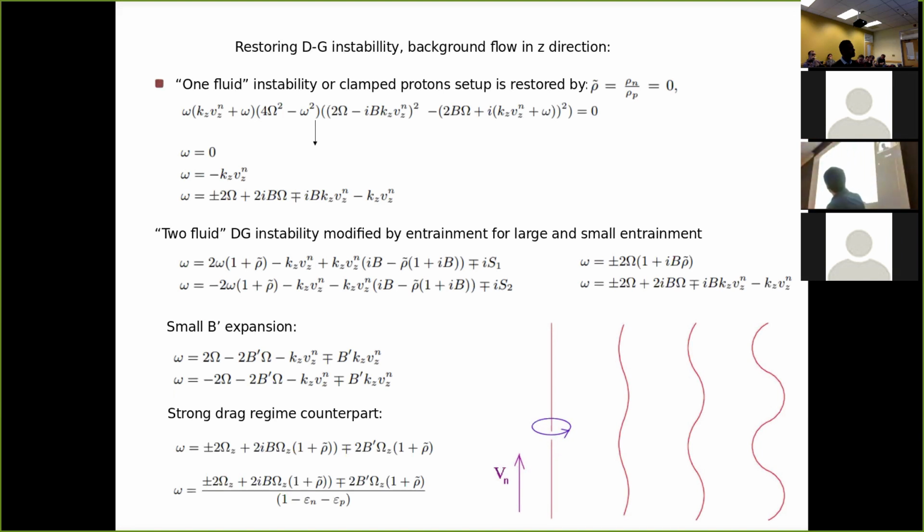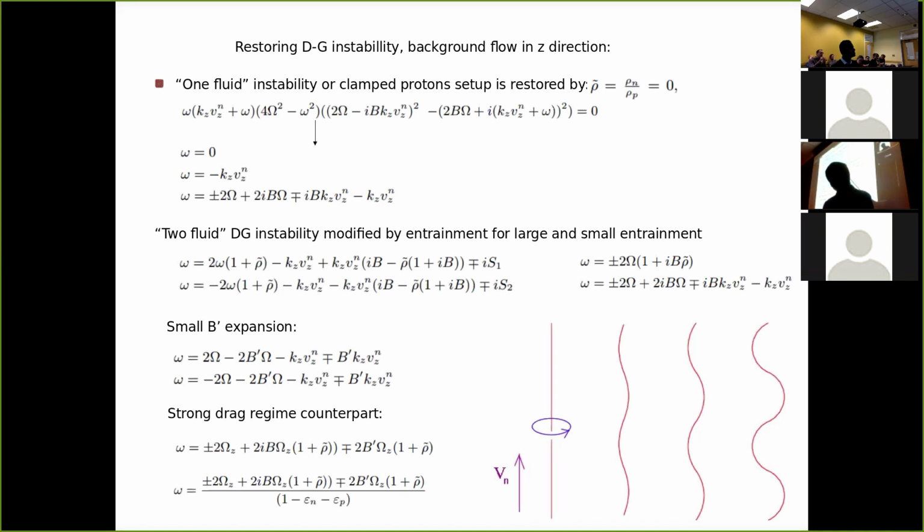The well-known one is the one fluid case, and it's obtained in a clamped proton setup, but we restore it by taking this fraction of densities to be equal to 0, and physically this means that the mutual friction force doesn't act on the normal fluid and acts only on the superfluid. The more complicated case is when the mutual friction force acts on both components. So here we have an instability, the minus sign corresponds to this instability.